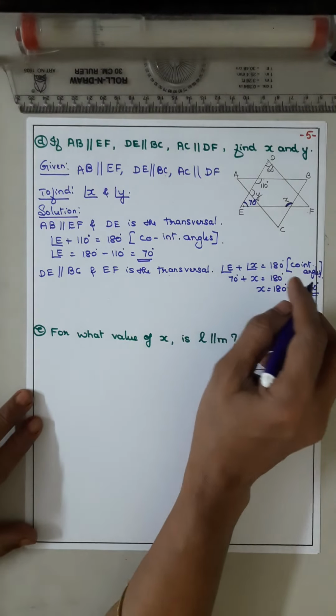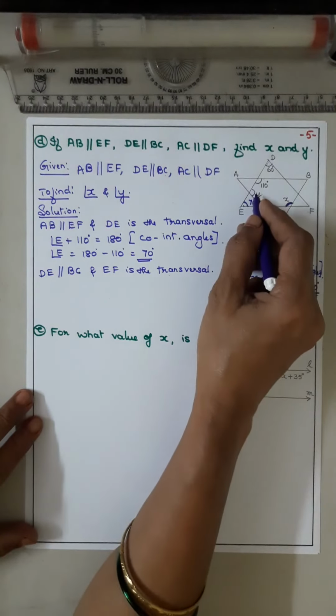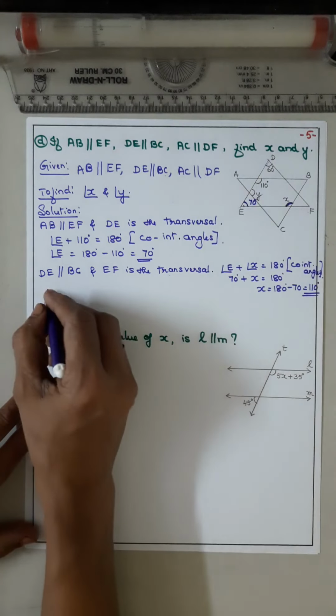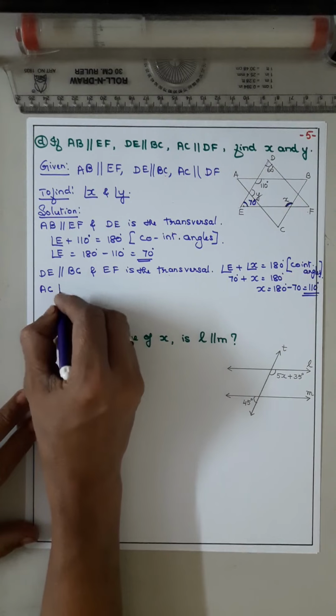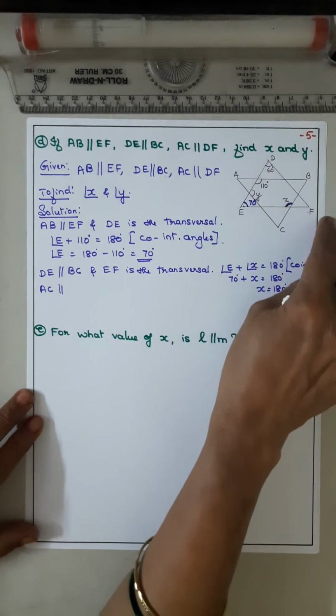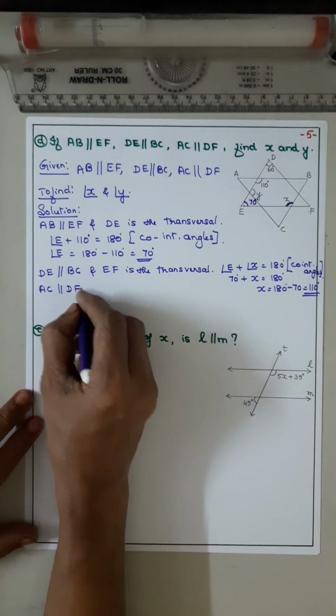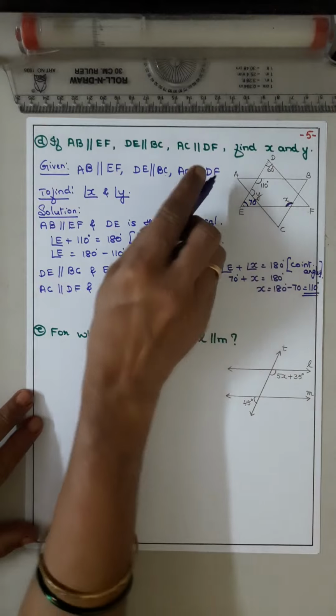Now take AC. We have to find out Y, isn't it? AC is parallel to DF, and take DE as the transversal.